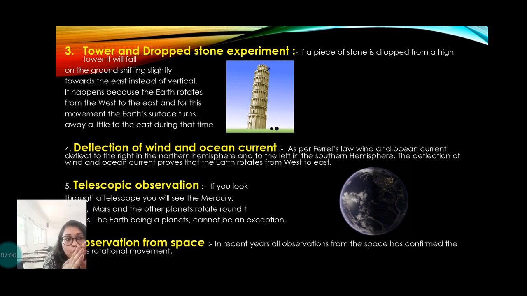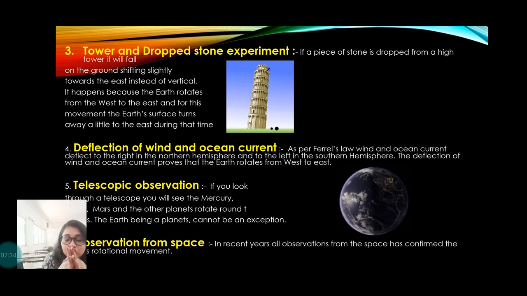If a piece of stone is dropped from a very high building or tower, it will fall on the ground slightly shifted towards the east instead of vertically. It happened because of the earth's rotation from west to east; from this movement the earth's surface turned a little to the east during that time. Okay, this is the tower and drop stone experiment.